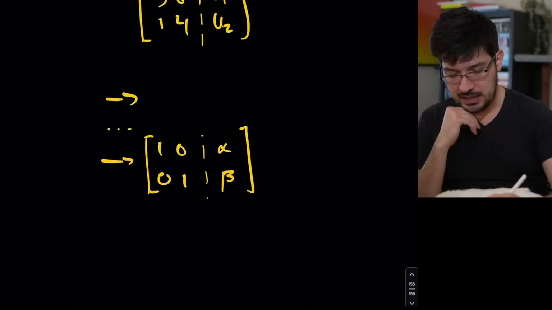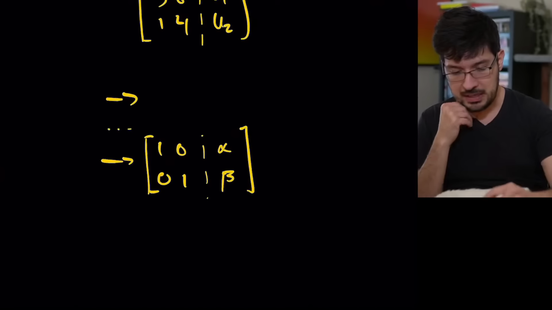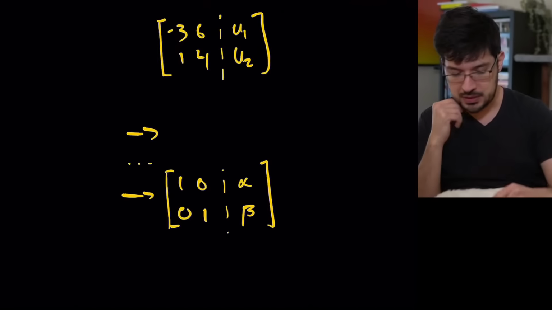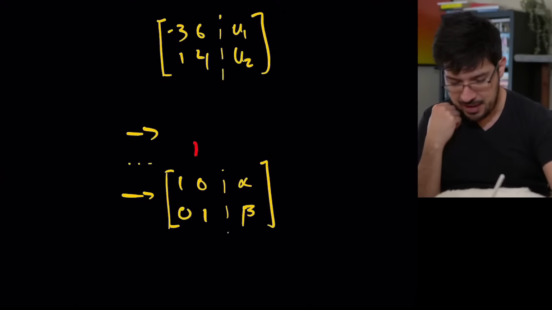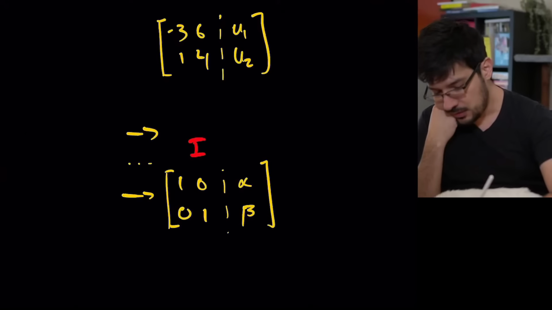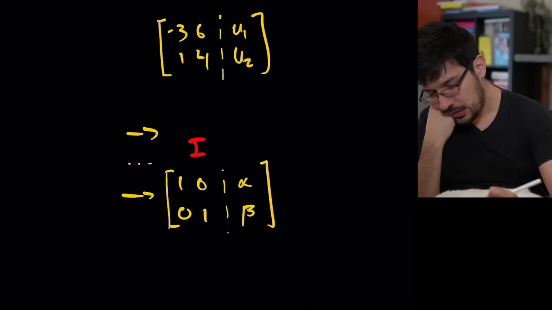But the important thing is that if we were to solve this equation, we would do row operations and then end up with the identity on the left, and then we would have alpha and beta on the right-hand side.